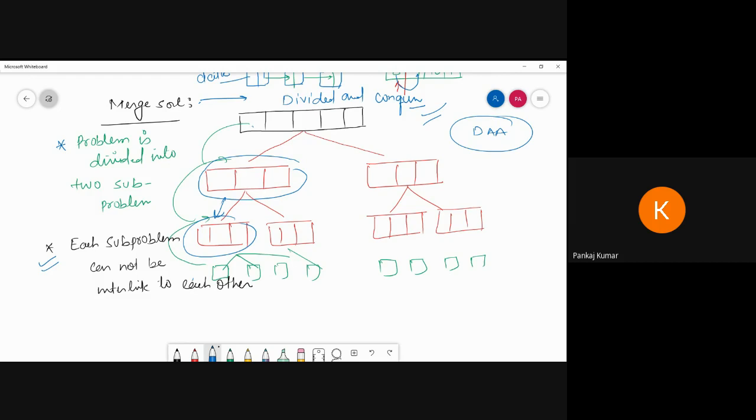Then see how the problem divides, and when each array becomes an individual one, we start merging. So we have to go up to the leaf, then we can merge with each other.